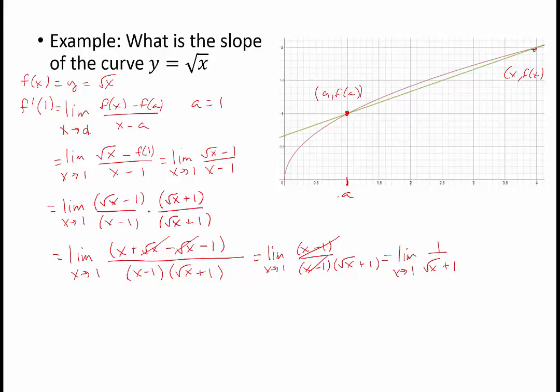Now when I apply that limit, I don't get a divide by 0 error. I get 1 divided by 1 plus 1. I get 1 half. And then let's see if that makes sense. If I have a run of 2, which takes me all the way out to here. No, a run of 2 would take me to 3. 1 plus 2 is 3.